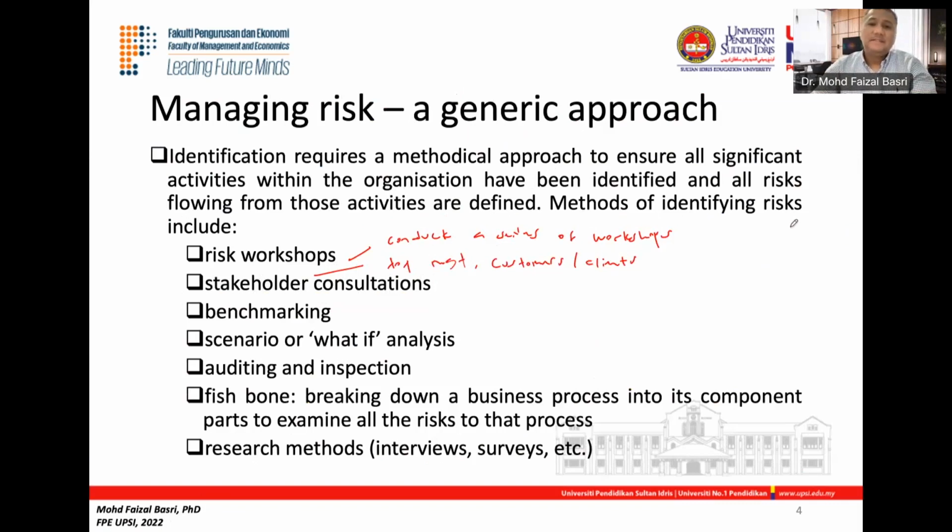Depending on the nature of the business, they might also have their shareholders and so on. By doing this consultation, they can gather a lot of risks with regards to their organization.